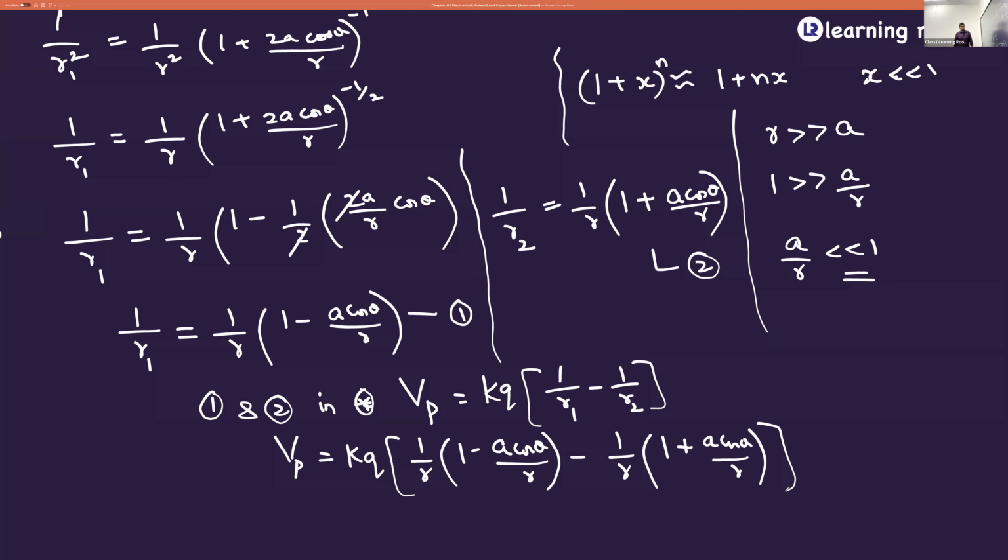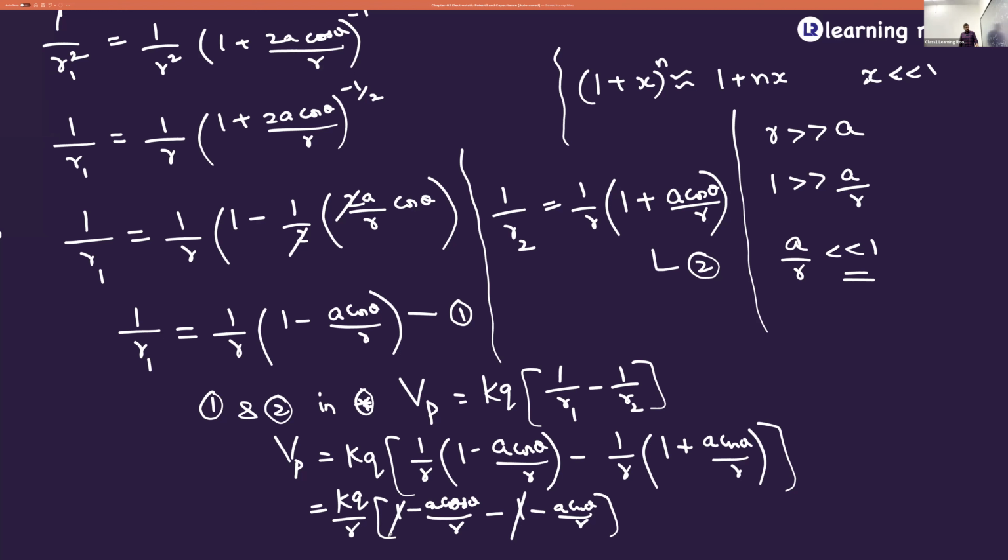If you observe, this 1 by R is also common. I can take it out. So you will have KQ divided by R into 1 minus A cos theta by R minus 1 minus A cos theta by R. Because minus 1 minus A cos theta by R, 1 and 1 are gone.